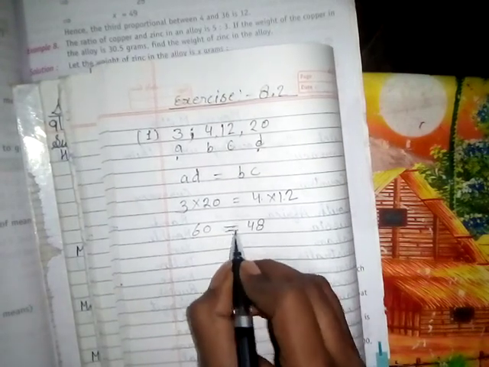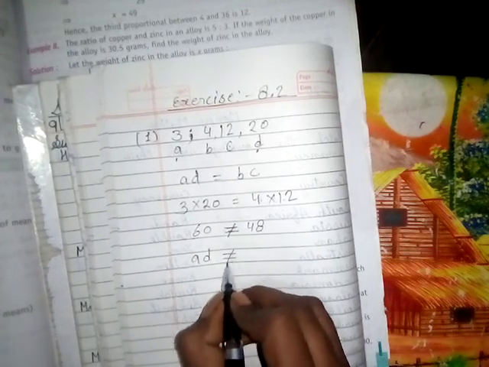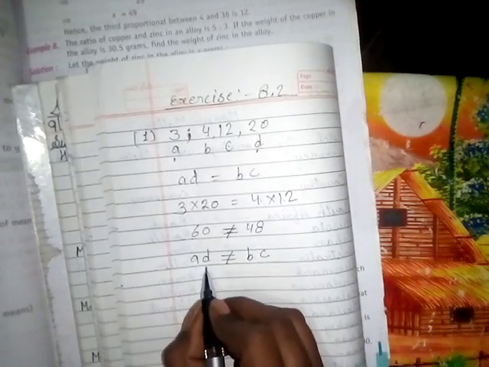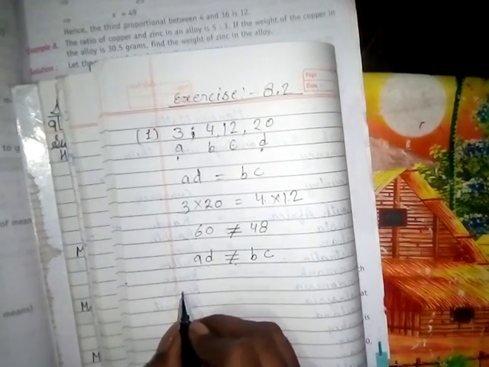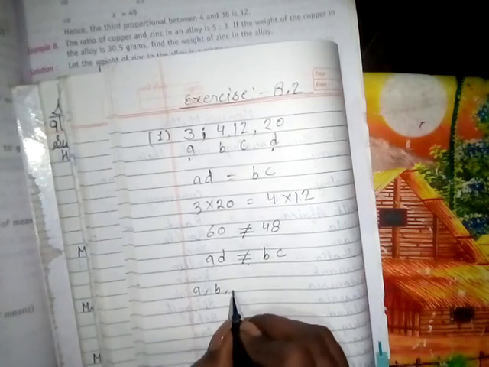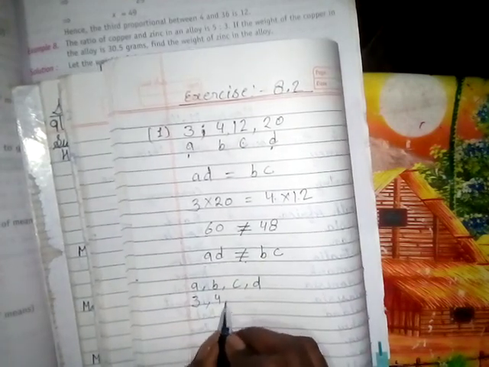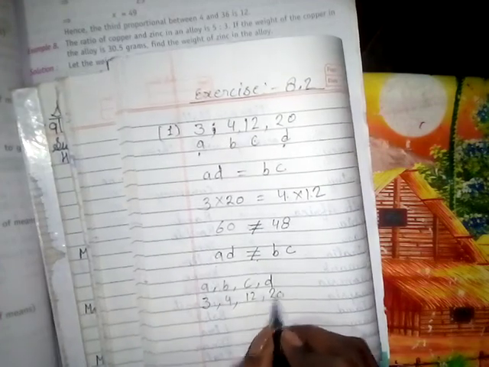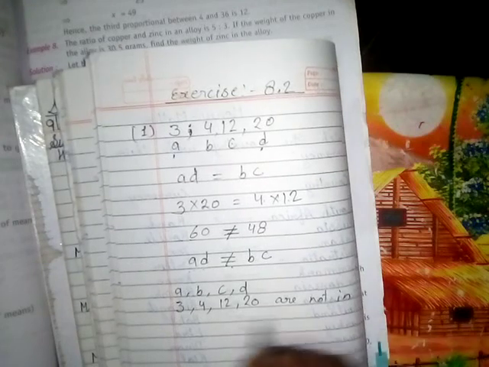No, these are not equal. So we can write here AD not equal to BC. If AD is not equal to BC, in that condition A, B, C and D, it means 3, 4, 12 and 20 are not in proportion.